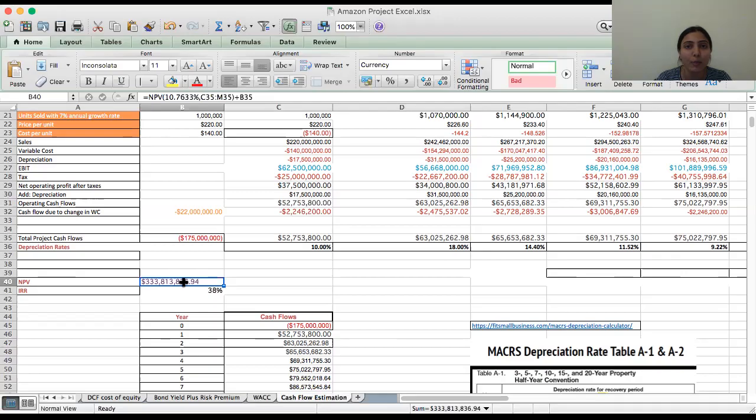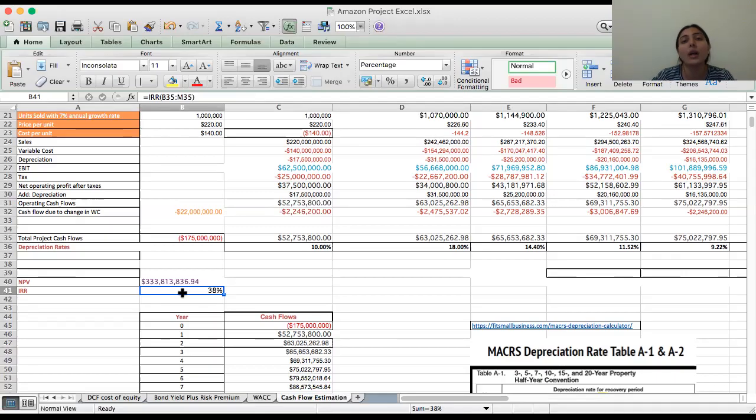Same thing I did for my IRR. The IRR rate was given. So let me show you with the formula. It is equals to IRR, and then I selected my total project cash flows. So I got my NPV and IRR by applying the formula to the total project cash flows from year 0 to year 11.